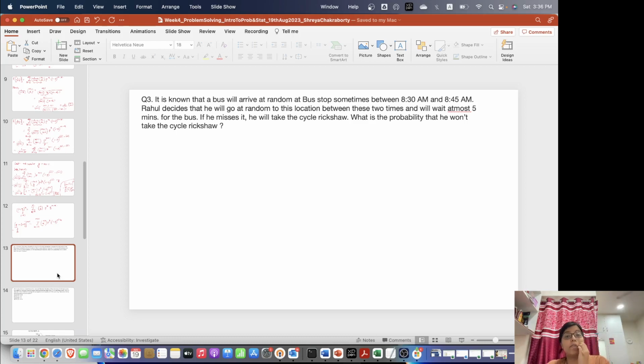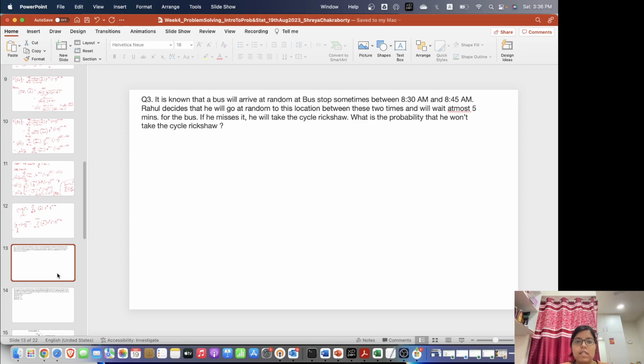So here the question is, it is known that a bus will arrive at random at a bus stop sometime between 8:30 a.m. and 8:45 a.m. So within an interval of 15 minutes, the bus will arrive at random.